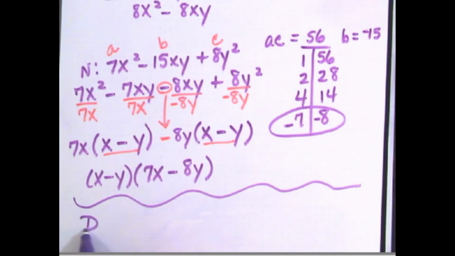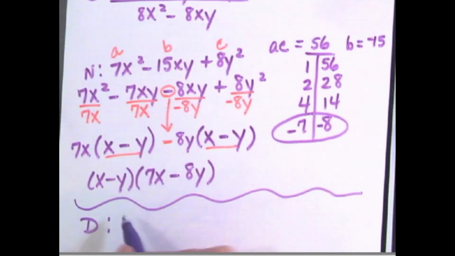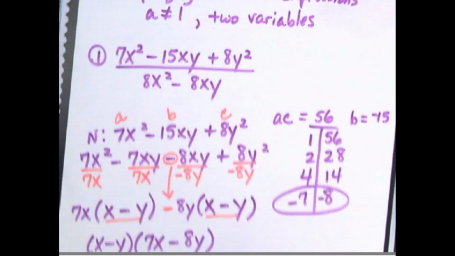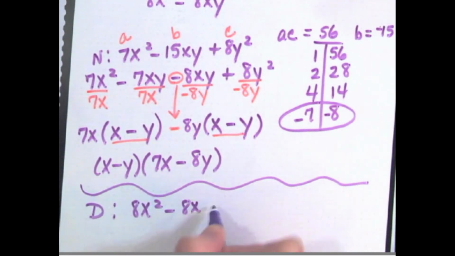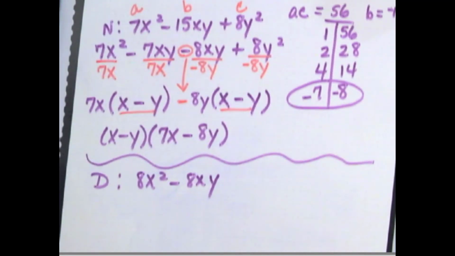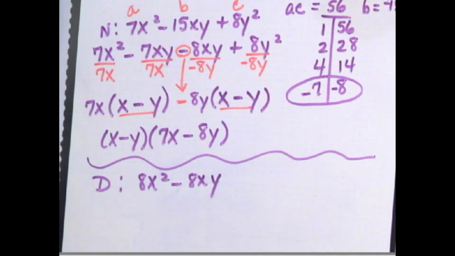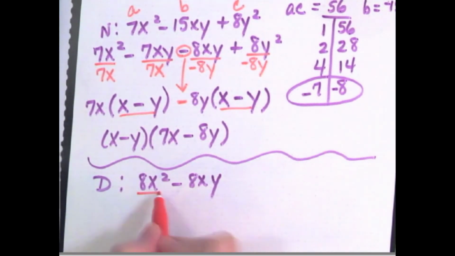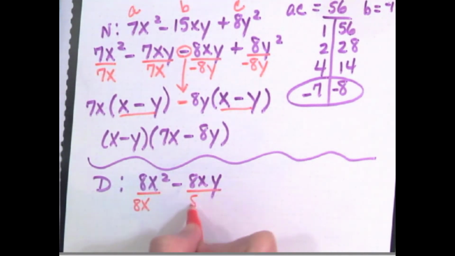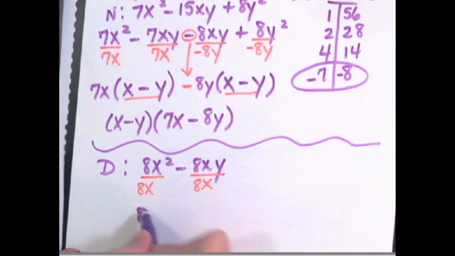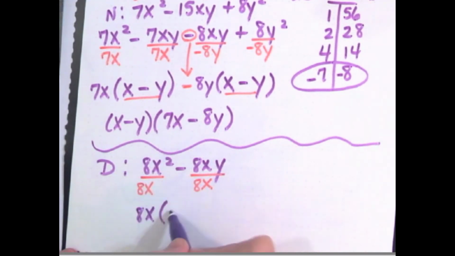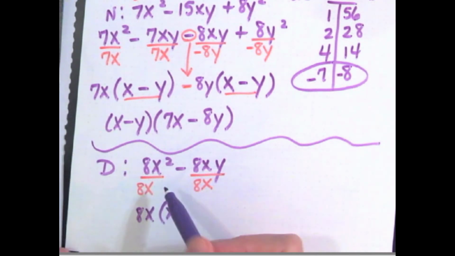Next, we'll look at the denominator, which is 8x squared minus 8xy. Okay, so we want to look for a GCF, and I see that 8x will go into both terms. So we'll take that out. And that will leave me with x. 8x squared divided by 8x is going to give me x.